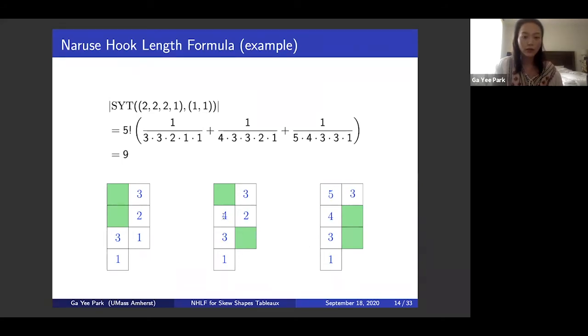So for this one, it's still 4, regardless of the skew shape, because we're looking at the hook length of lambda. So we take 5 factorial because that's the size of lambda over mu. This fraction corresponds with this excited diagram. This fraction corresponds with this one, and this fraction corresponds with that one. Add everything up, and we have 9, and I've shown you all 9 standard Young tableaux of this shape in the previous slide.